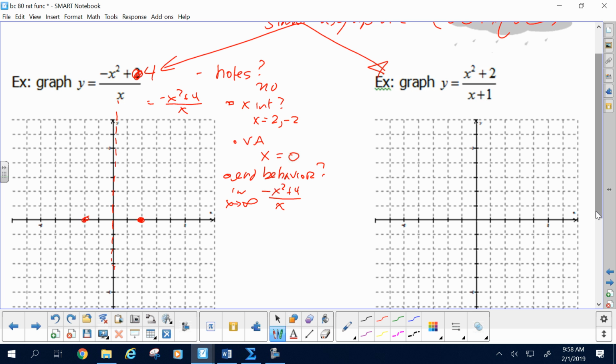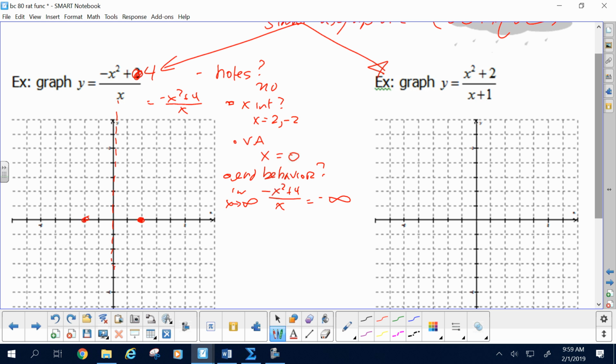We could use L'Hopital's rule if we really wanted to overachieve. But what's the overall outcome just using end behavior knowledge? Which one will win? The top x squared or the bottom x? X squared. And so the end result is, first of all, will be positive or negative, negative, and it'll get bigger and bigger. So negative infinity.